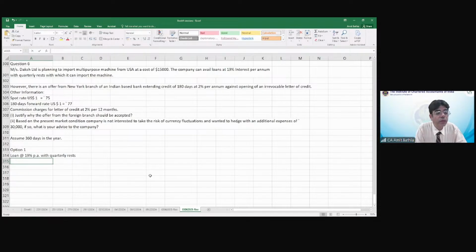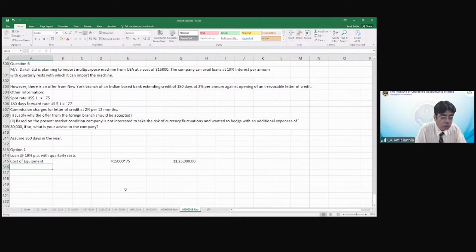So what is the cost of equipment for me? 15,000 USD into 75, which is the spot rate. So the amount turns out to be 11,25,000 rupees.